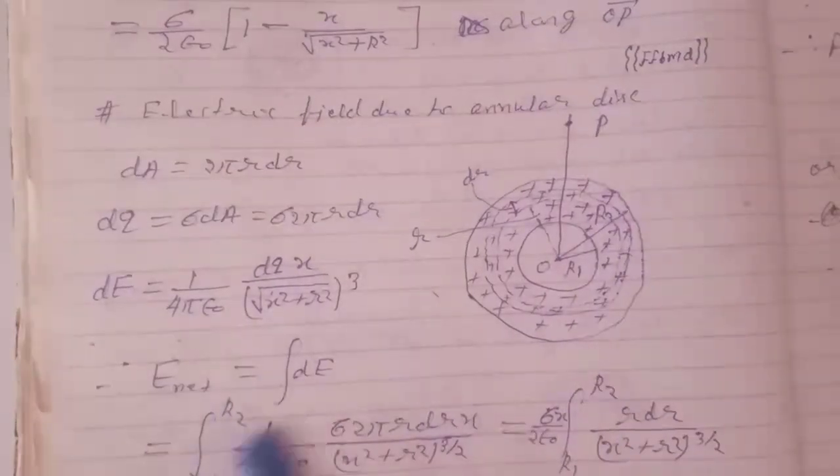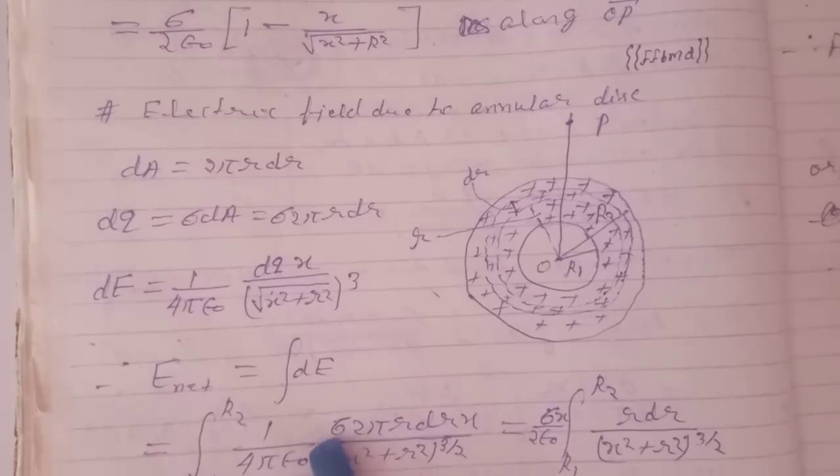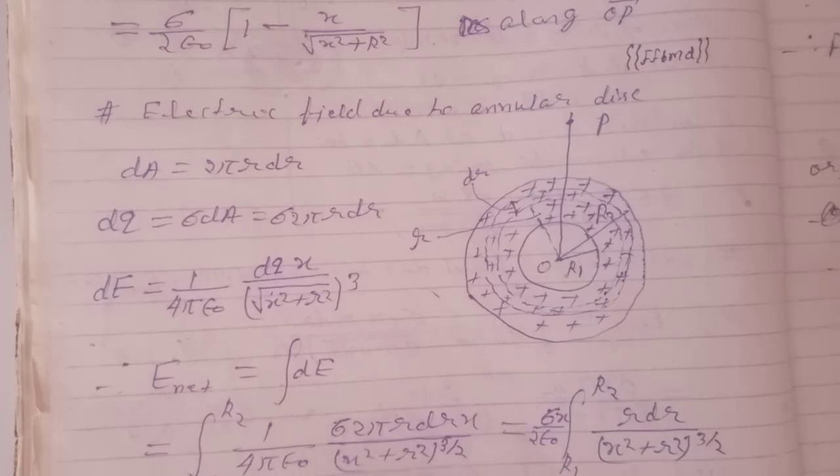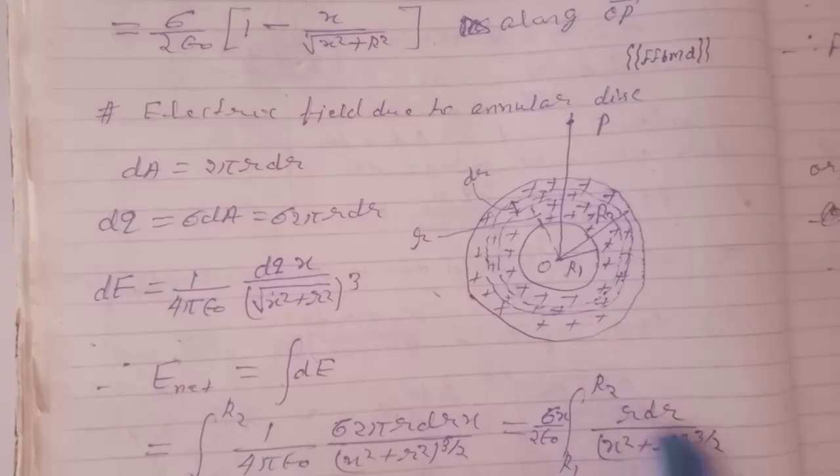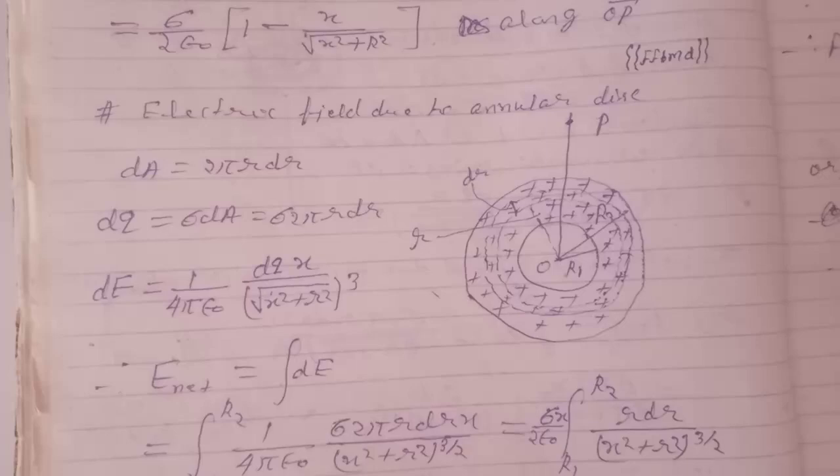So r1 to r2, 1 by 4 pi epsilon naught sigma into 2 pi r into dr into x divided by x square plus r square to the power 3 by 2, or sigma x by 2 epsilon naught, r1 to r2, r dr by x square plus r square to the power 3 by 2.